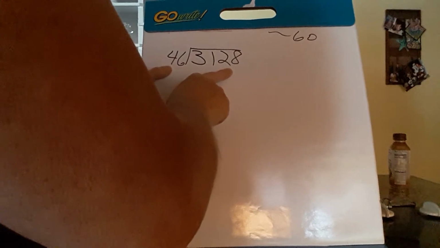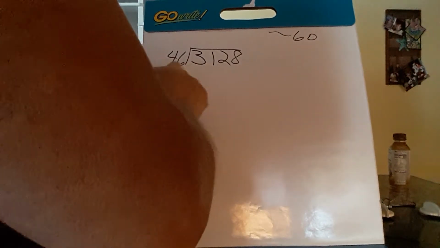Well, we know 50 goes into 100 2 times, so 50 would go into 300 6 times. So let's take 46 times 6, and you do need a scrap piece of paper. 6 6s are 36. 6 4s are 24, plus 3 more is 27. So we put that 6 over the 2 because that's the last number we're going into.